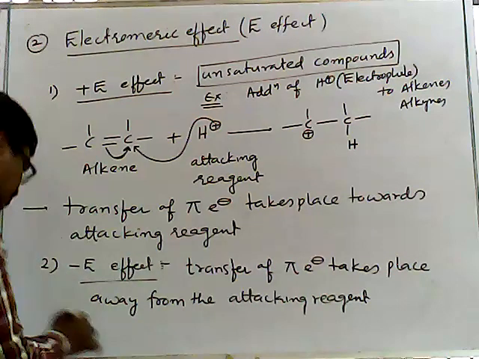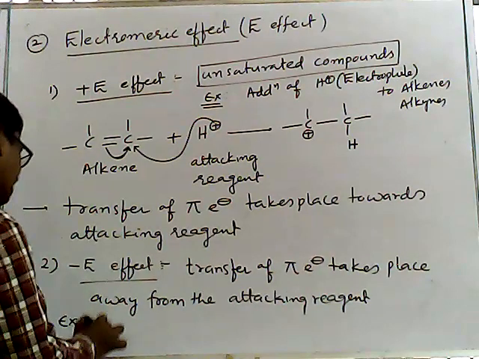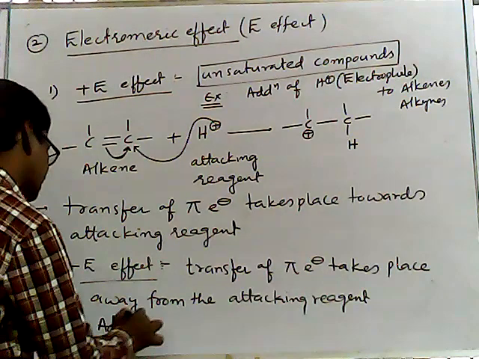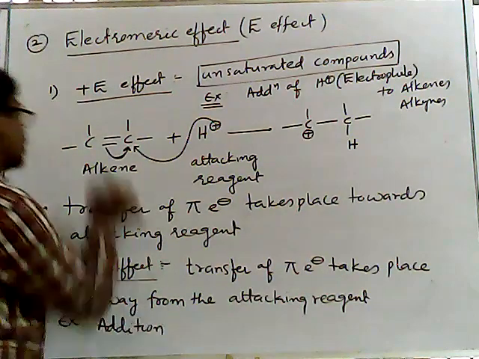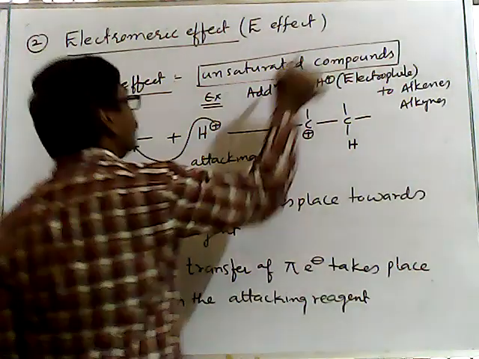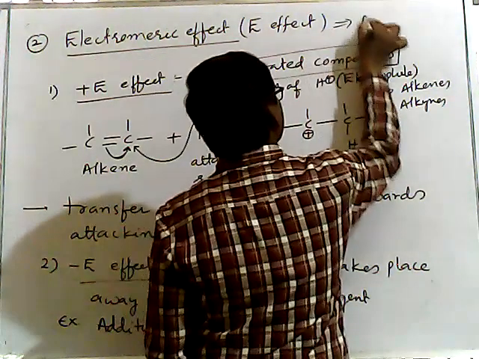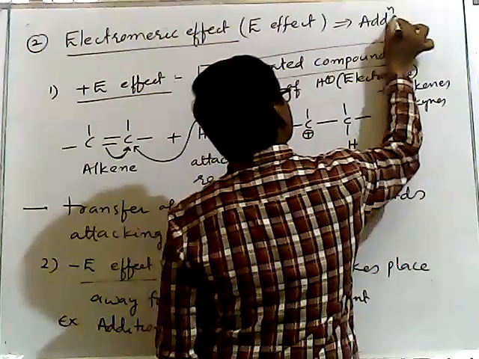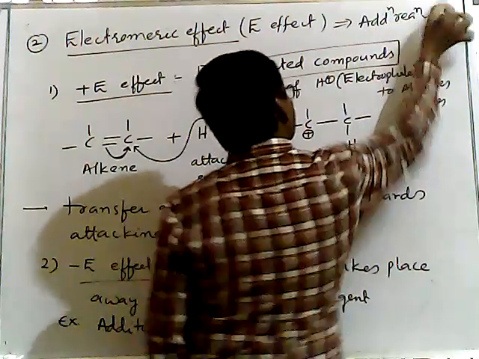So common examples for this are also addition reactions. Generally in addition reactions only we have the electromeric effect, not substitution reactions. The electromeric effect is applicable for which reactions? Addition reactions particularly. This you have to remember.